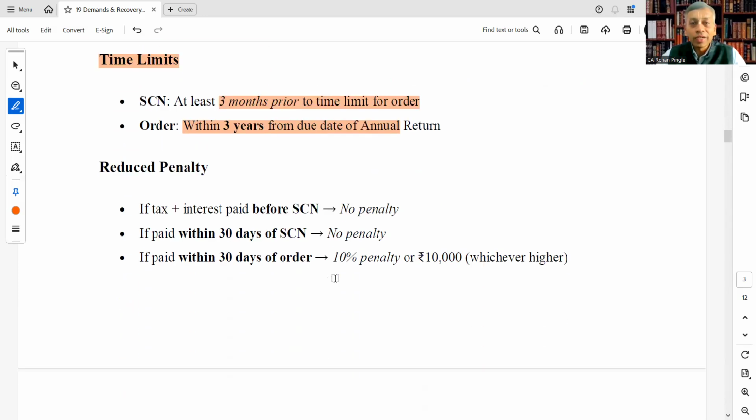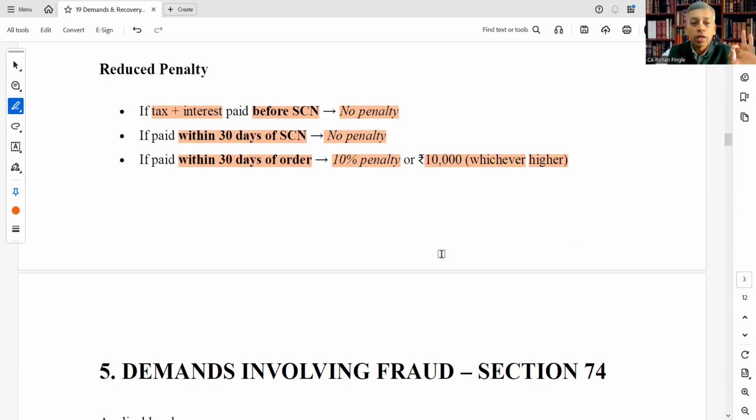Reduced penalty. If tax plus interest is paid before issue of show cause notice, then no penalty will be levied. If paid within 30 days of show cause notice, then also no penalty. But if paid within 30 days of order, then 10% penalty or rupees 10,000, whichever is higher.